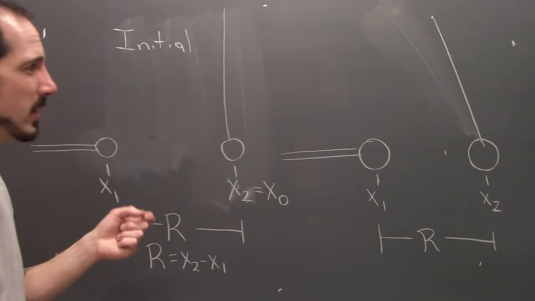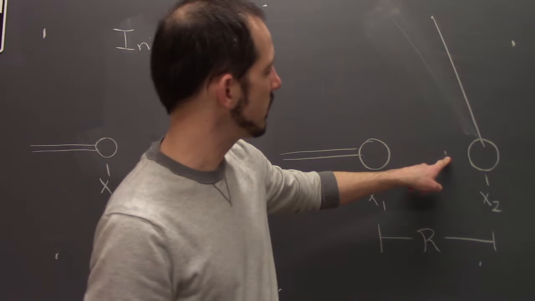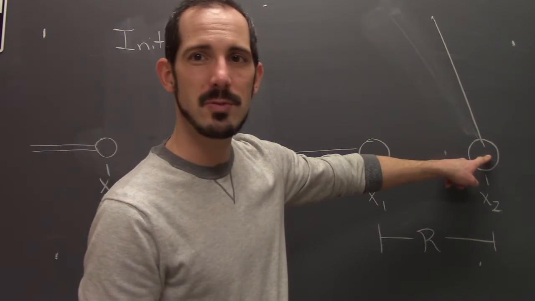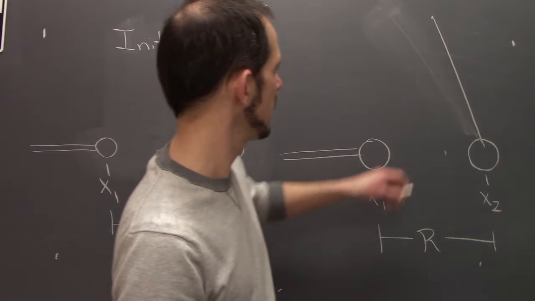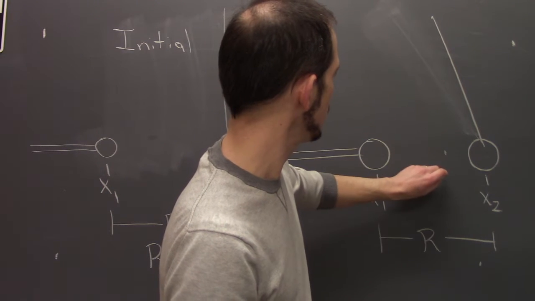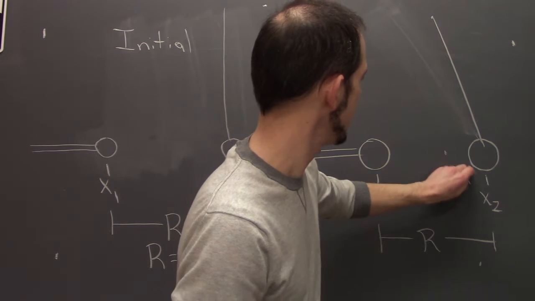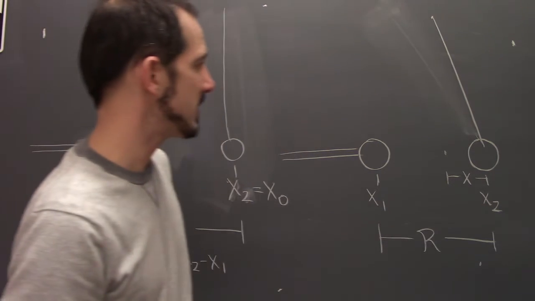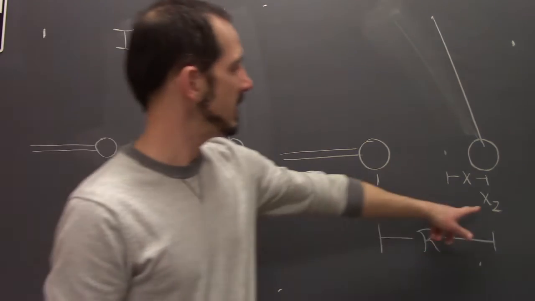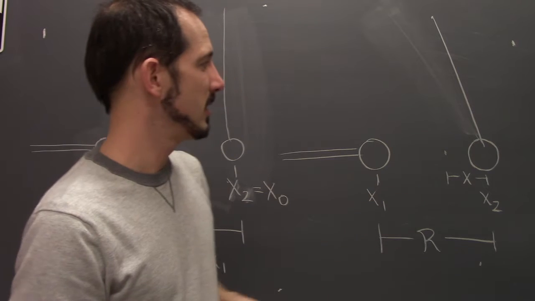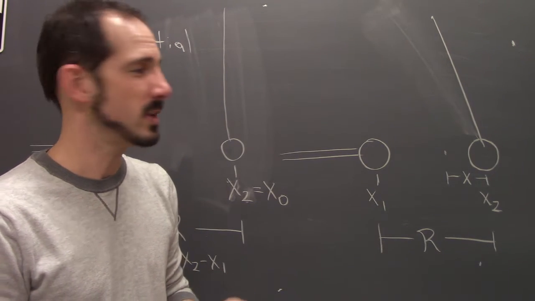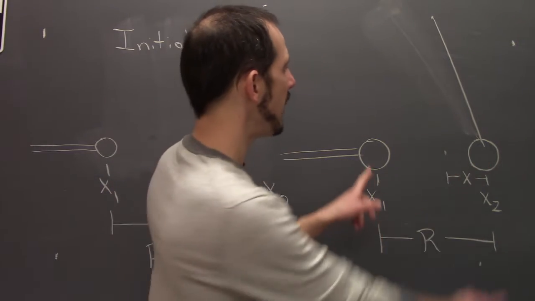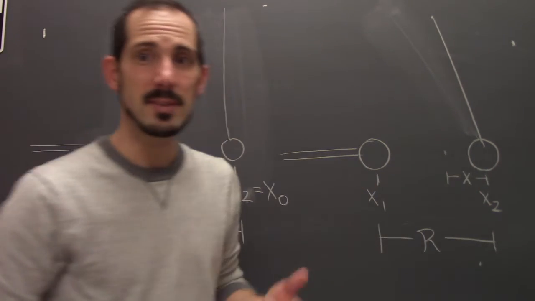But now we're going to look at how far this ball has moved from its original position. So that's going to be our position x. So we might draw that here. Say this is some distance x, where x is now x2 minus that initial x0. So those are the two distances we're going to need. How far has this ball moved, and what is the separation between these two balls?